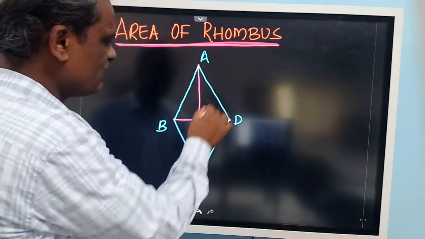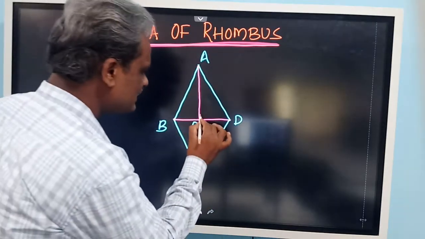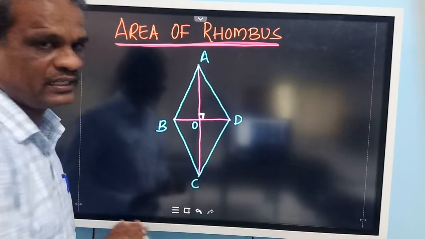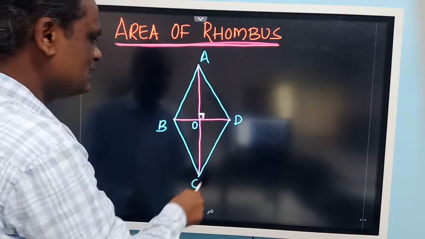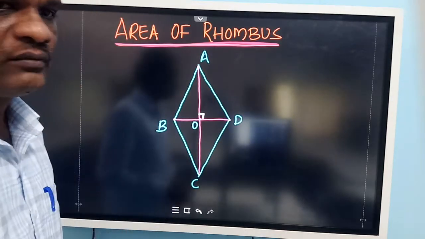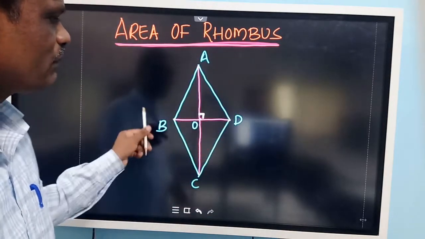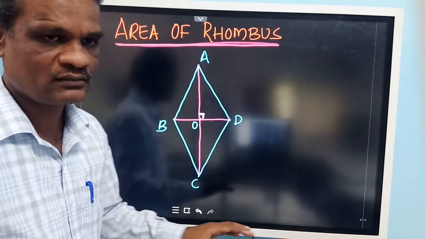The diagonals bisect each other perpendicularly. The angle between the diagonals is 90 degrees. So this is a rhombus with all four sides equal, and the diagonals are perpendicular to each other. This is a parallelogram also, opposite sides are parallel here.